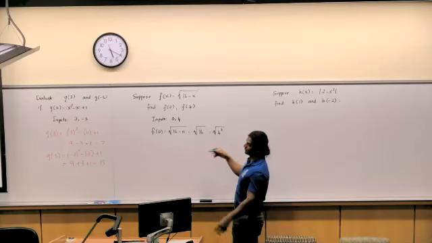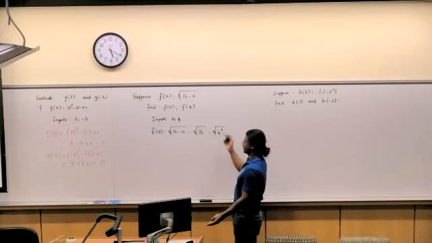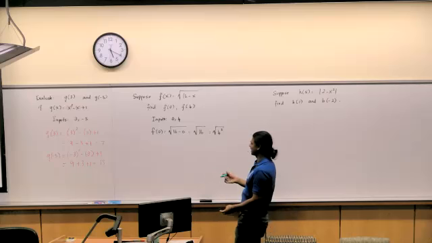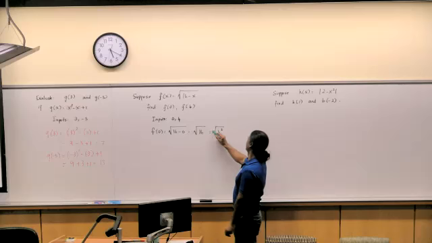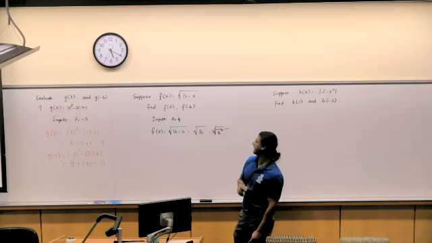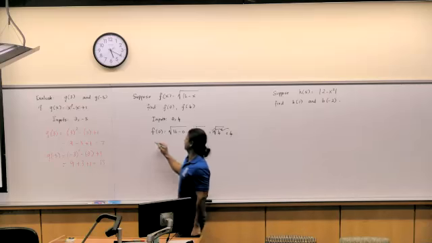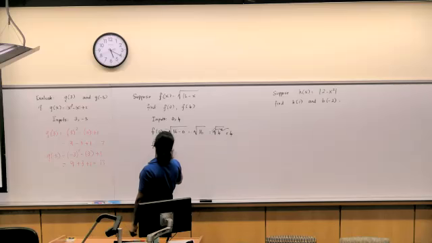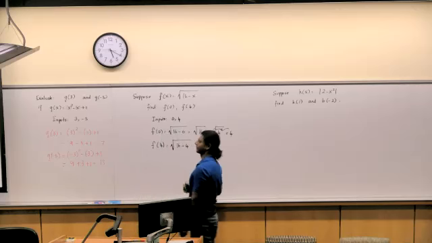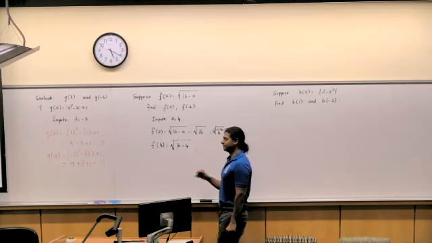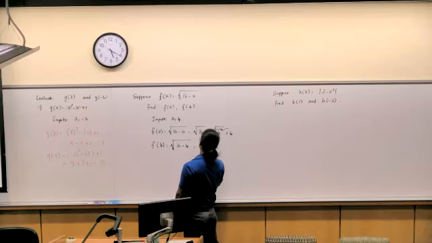Easier way to do it, use a calculator, but you should know this. Root and 2 will get cancelled, so you'll have 4. When you plug in 4, you have the square root of 16 minus 4. What is 16 minus 4? 12.